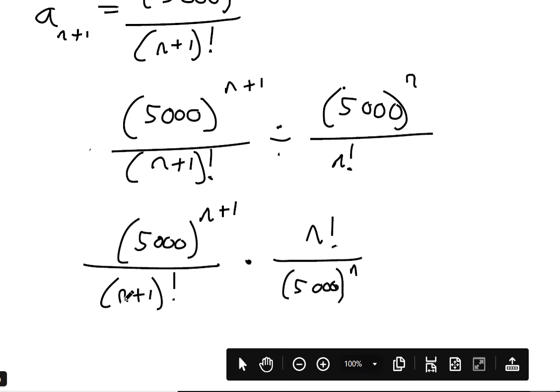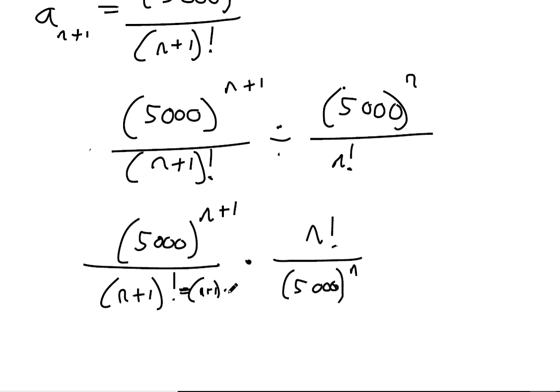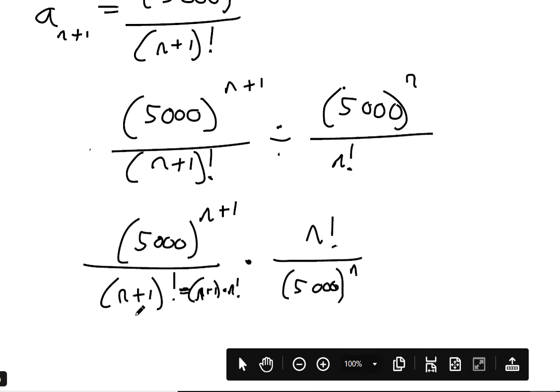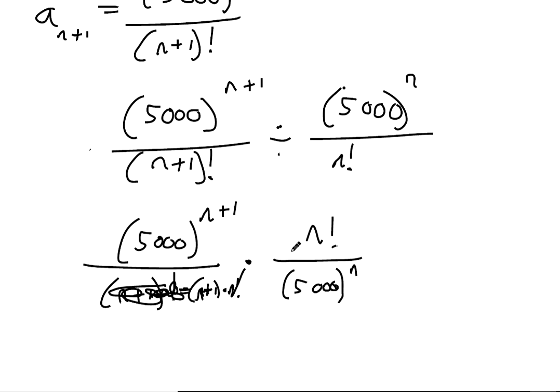Okay, because here, this is the same thing as n plus 1 times n factorial, right? You can expand a little bit. Like a factorial means 5 times 4 times 3 times 2 times 1. So instead, let's rewrite this as n plus 1 times n factorial. That way, these can cancel out.